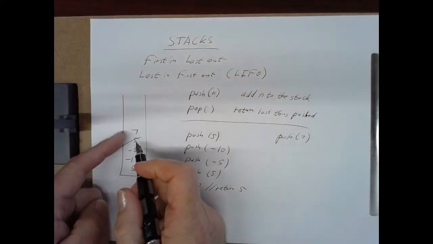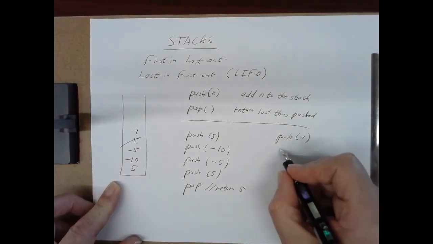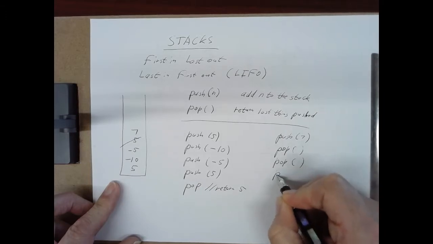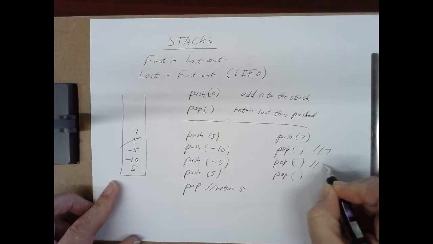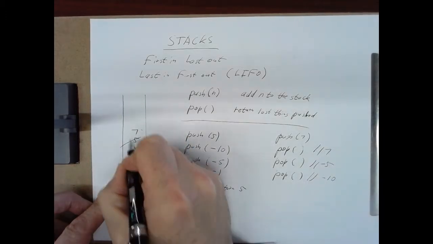So now 7 is the last thing that's been pushed. If I say pop, pop, pop, pop, I'm going to get 7, then -5, then -10, then 5. Right? So first pop returns 7, next returns -5, next returns -10, and these are removed from the stack.